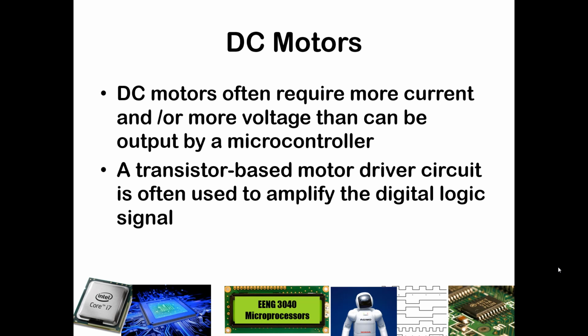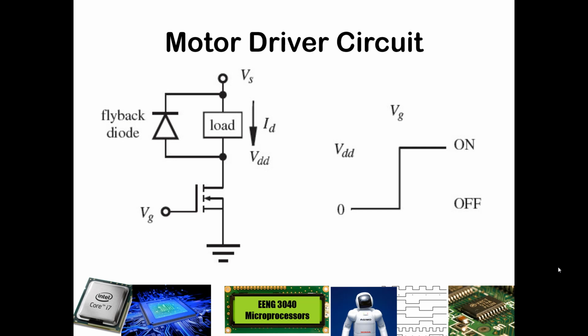A transistor-based circuit, such as the one seen here, allows the load, which would be the motor in this case, to turn on and off at a set interval, a pulse width modulated signal. The PWM signal would come in here as VG.